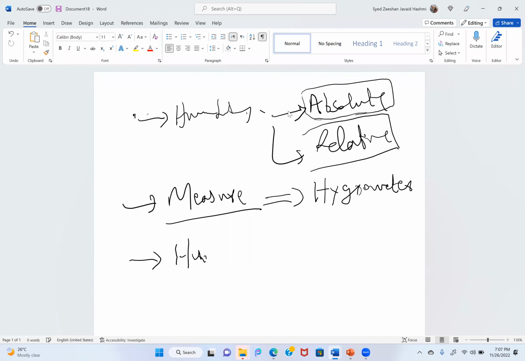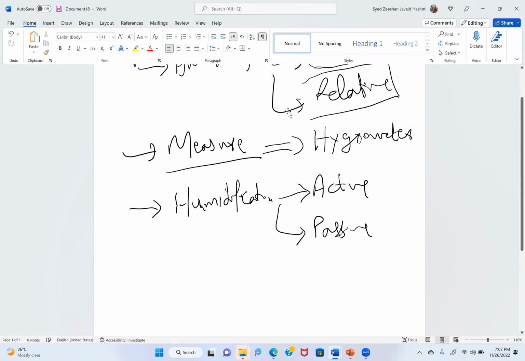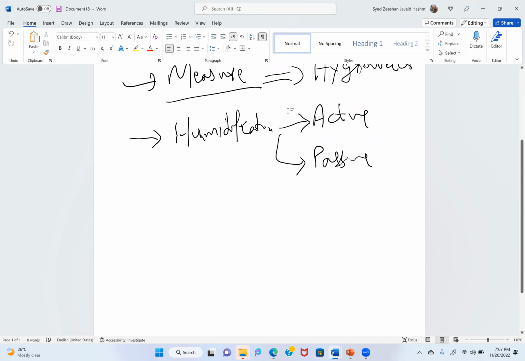There will be certain methods by which we get humidification. One of them will be active and one of them will be passive. And then there will be different types of active and passive humidification, and we will rate them according to their efficiency, of the different systems.